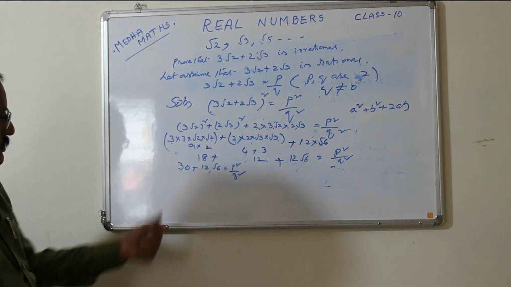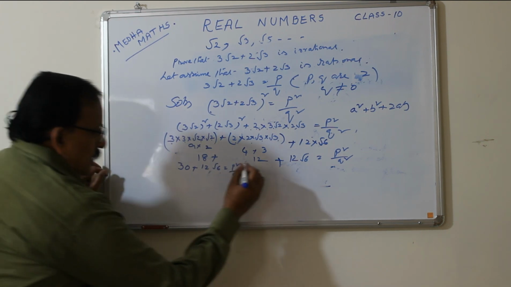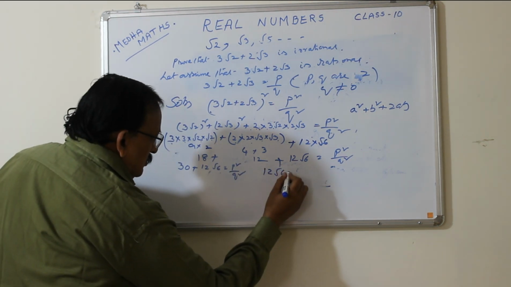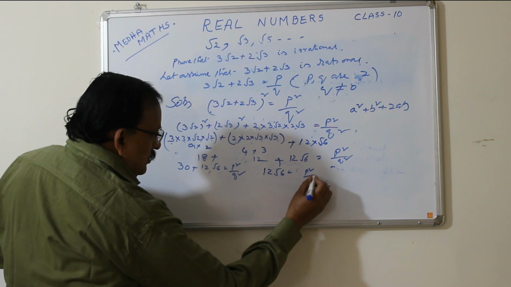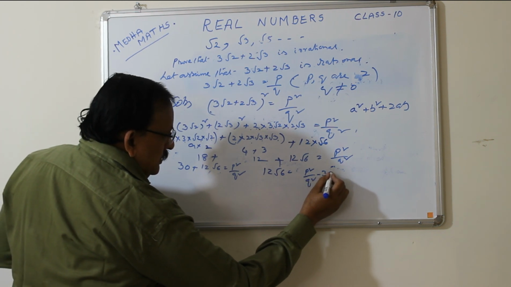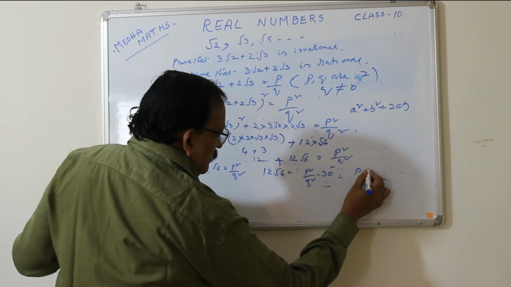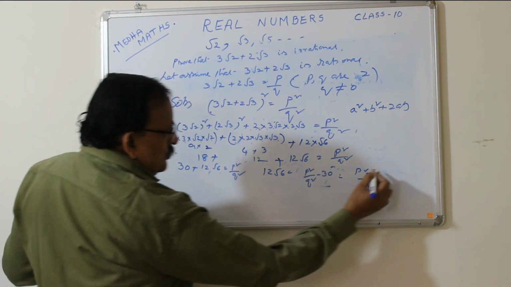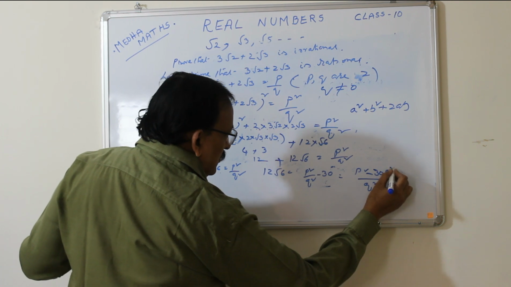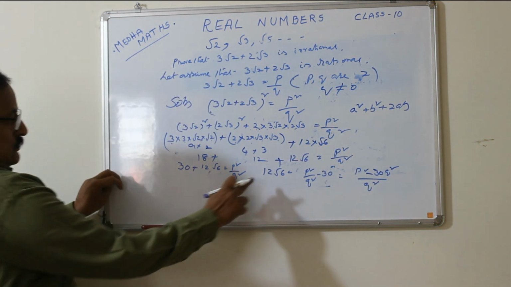First transpose 30 over here: 12√6 = p²/q² − 30, that is, with denominator q², (p² − 30q²)/q². That is your 12√6.